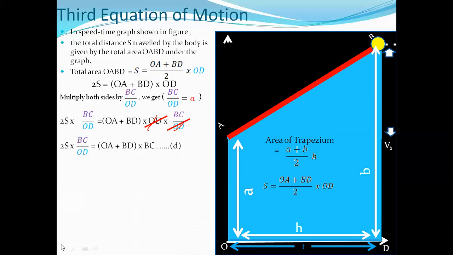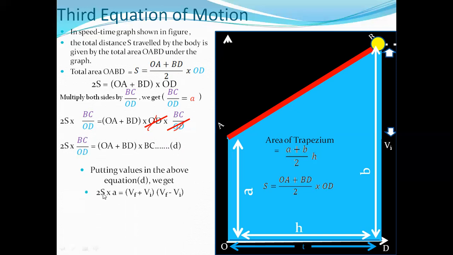That means this BC will be left behind, and we will basically solve it by putting values in the above equation, because we know that BC over OD is equal to A, right over here. Let us put the values.